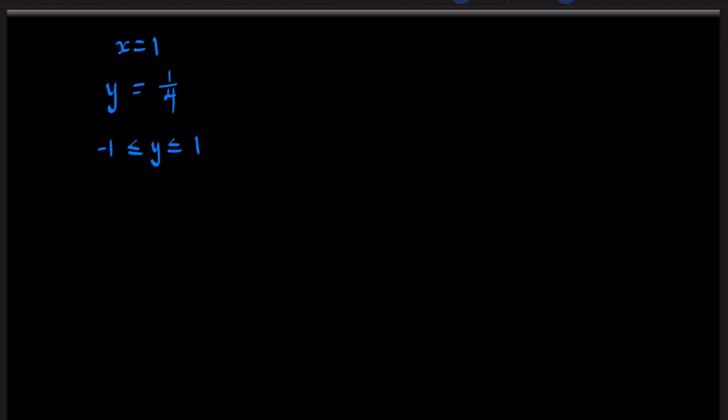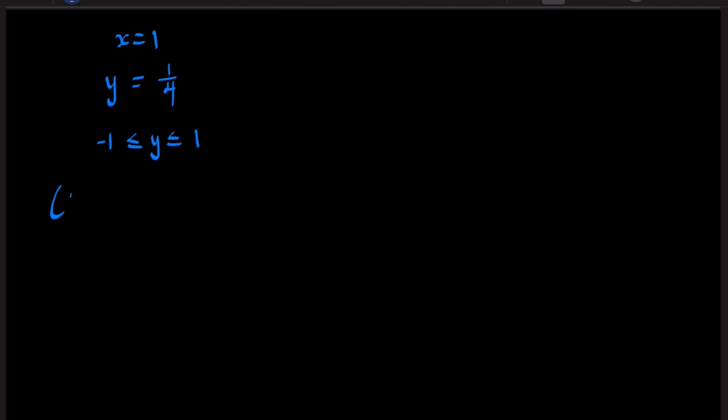By the extreme value theorem, the maximum and the minimum on the boundary x is equal to 1 may lie on the endpoints or at the critical points. So we need to check for each of these. So you now have the point (1, 1/4), that's for the critical point.